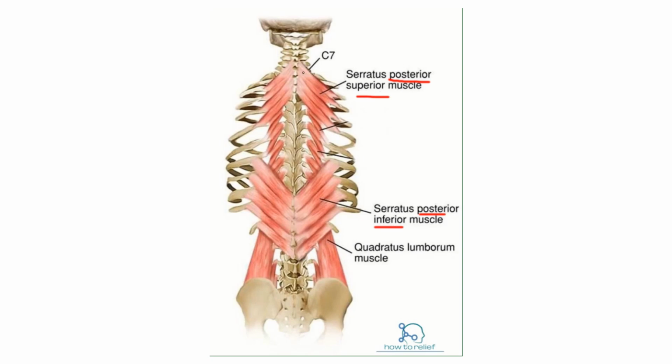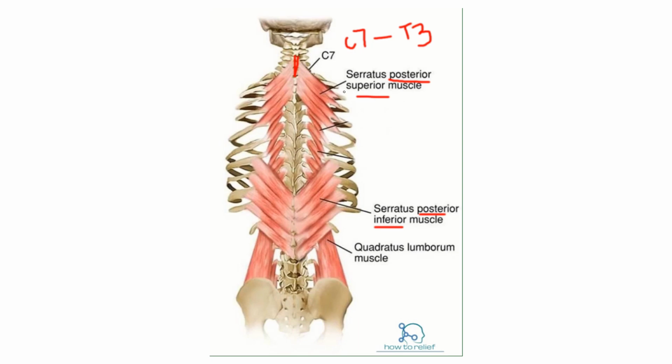It originates from the nuchal ligament, which is present here on these cervical spines, and it also arises from the spinous processes of C7 to T3 vertebrae. So it arises from the spinous processes of C7 to T3 and nuchal ligament, and it attaches to the superior border of second to fourth rib.